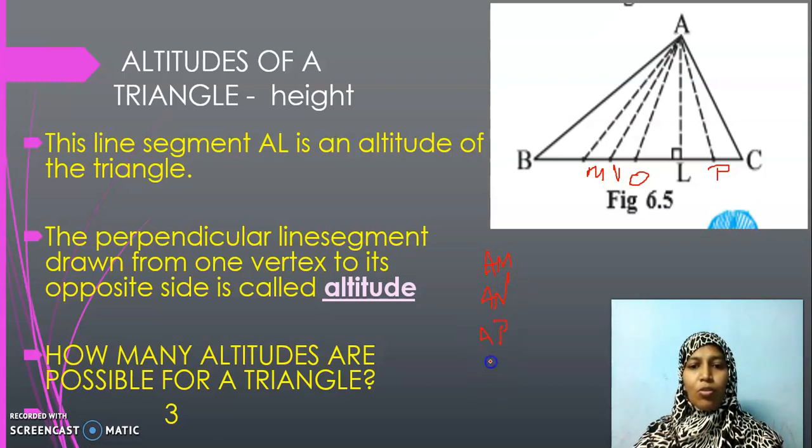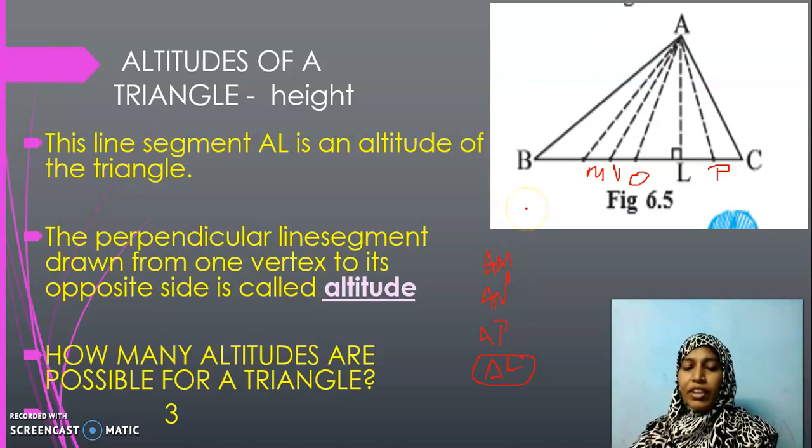Which is the altitude now? Can you say AP is the altitude, or AM as altitude, AN as altitude? No. L is the only altitude. Is it clear? So you should know how to identify the altitude or the median.